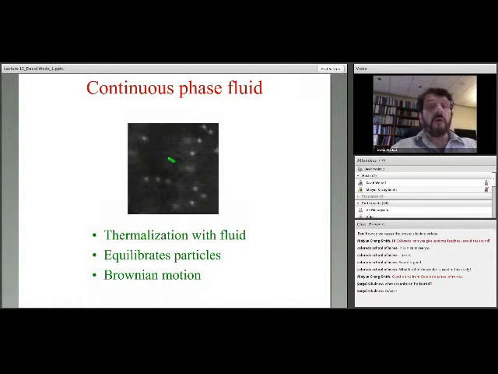So the important thing about this for the colloidal particles is that they are always thermalized. That is, they can explore all of volume, but they do that because they're in thermal equilibrium with the fluid. They undergo Brownian motion, they explore all of phase space, that's volume space, and they do that through the equilibration with the fluid.